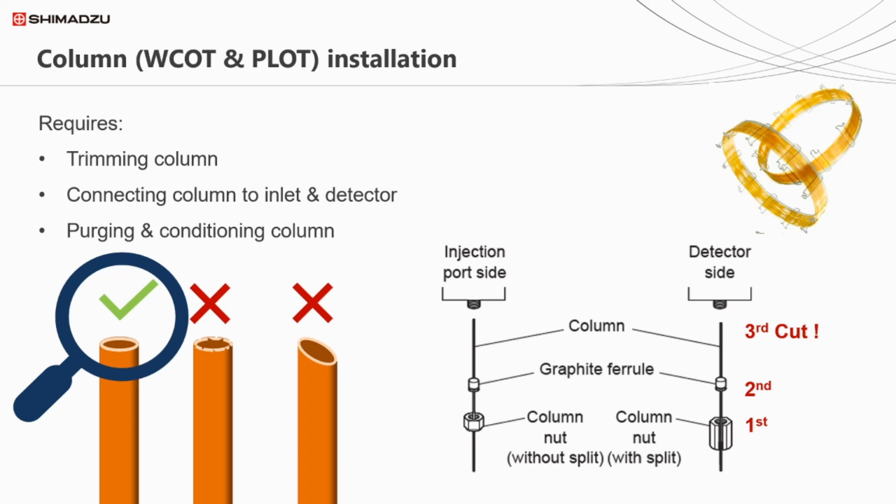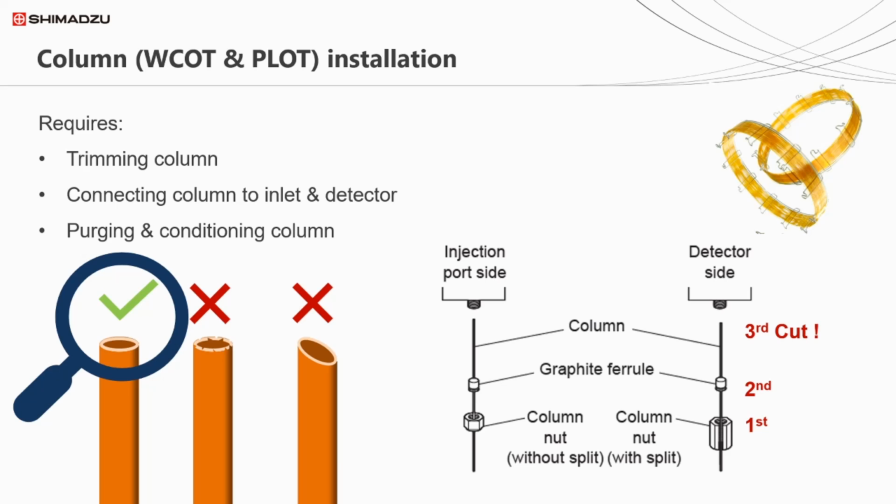Fortunately, many GCs now come with a specialised tool, allowing you to measure the correct length easily. If this isn't followed, it can produce poor peak shape and sensitivity, and could even prevent your flame-based detector from igniting.